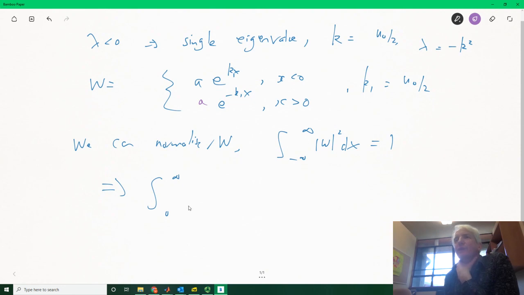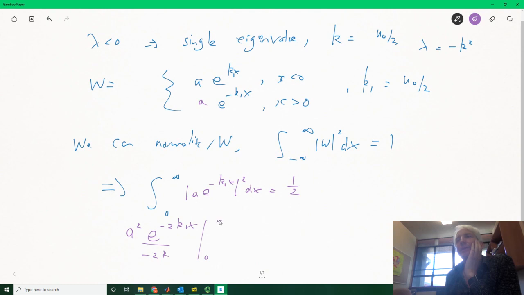So from 0 to infinity, the modulus of a e to the minus k1x squared dx has to be equal to a half. If we integrate that, we get a squared e to the minus 2 k1x over minus 2k1 from 0 to infinity equal to a half.